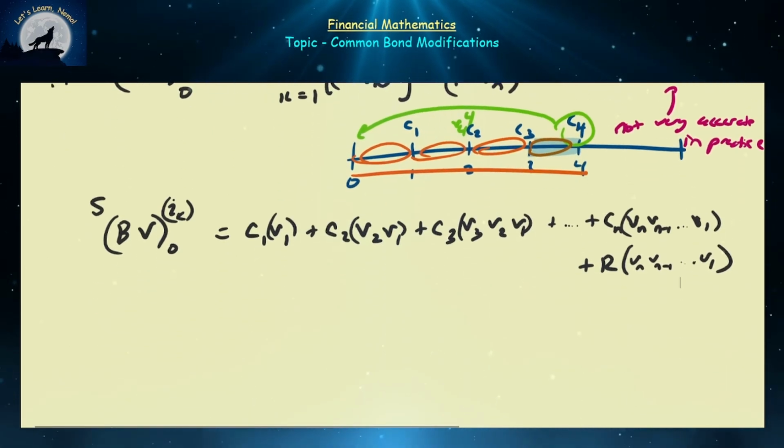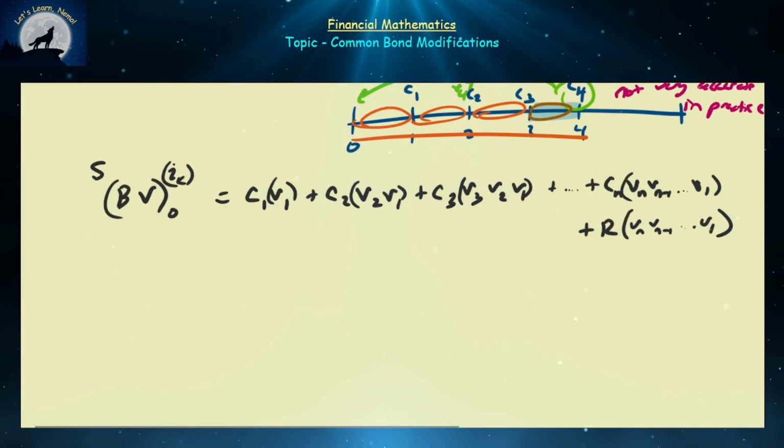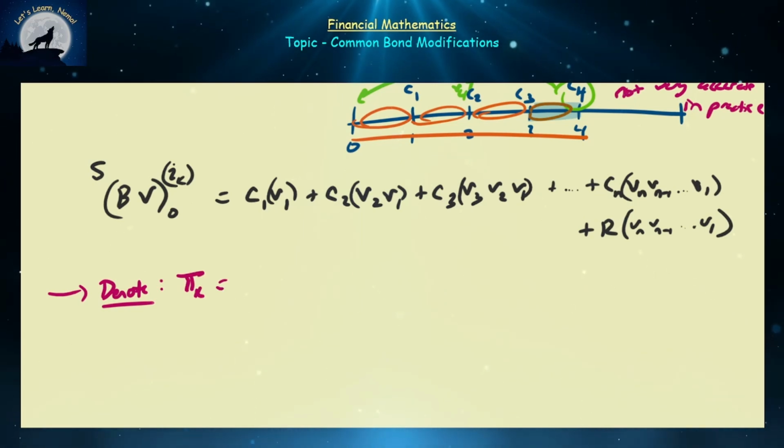Now, that notation is a little more complicated than I want to deal with, so we're going to create some new notation. We denote capital P_k to be equal to the product nu1, nu2, all the way down to nu k.